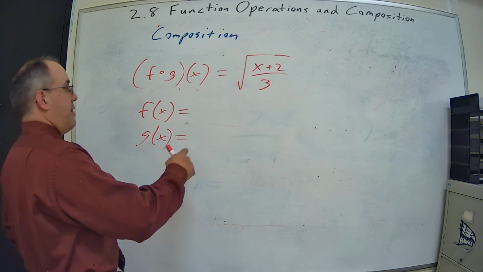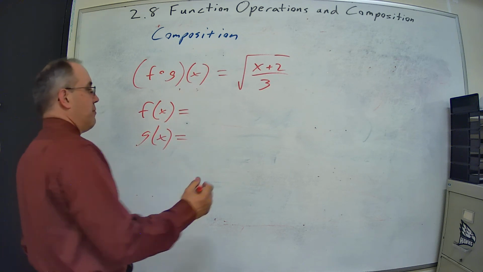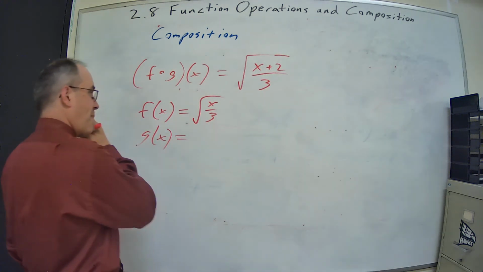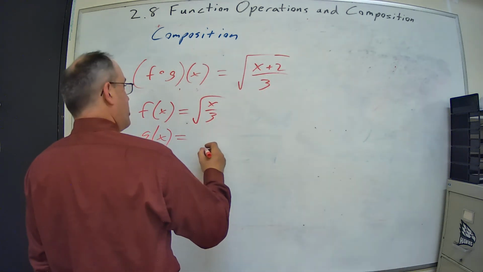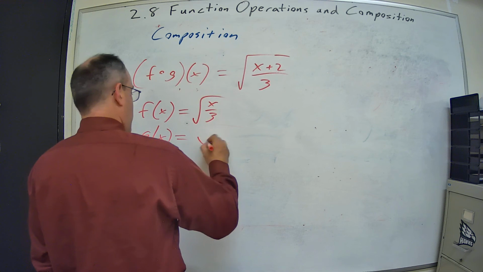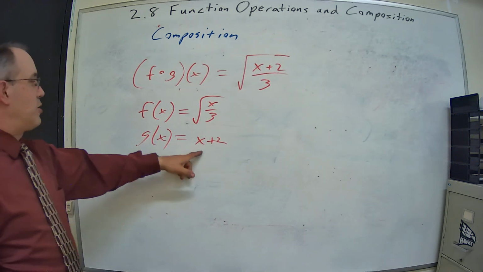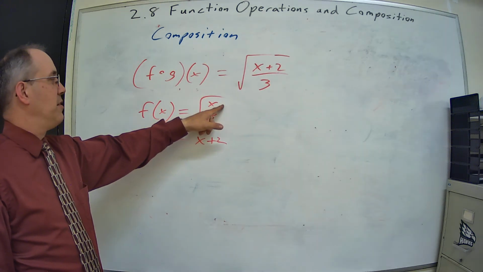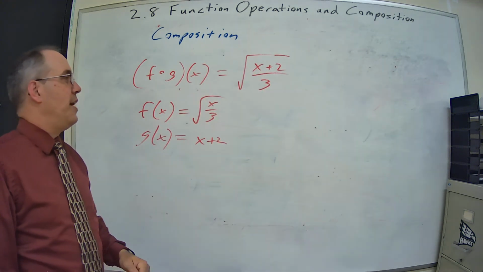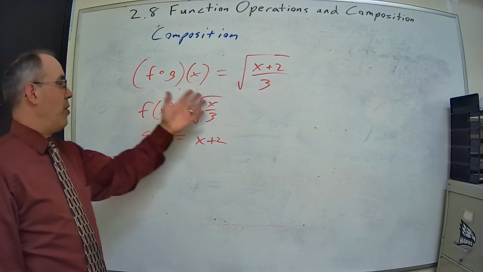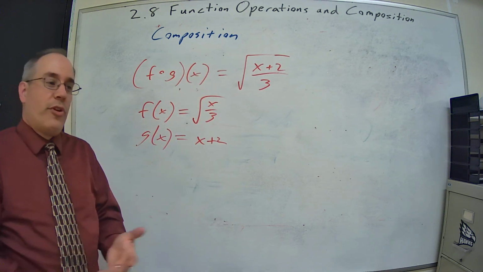So I could say that f of x could be the square root of x over 3, and g of x is x plus 2. Because when I plug x plus 2 in place of x, then I get x plus 2 over 3, square root of that. So that works out. And that's all you're really looking for with this.